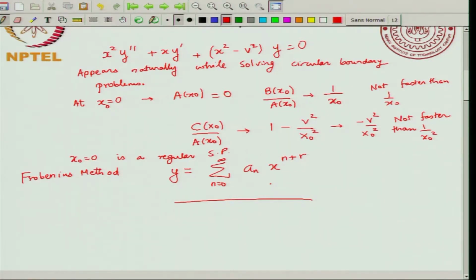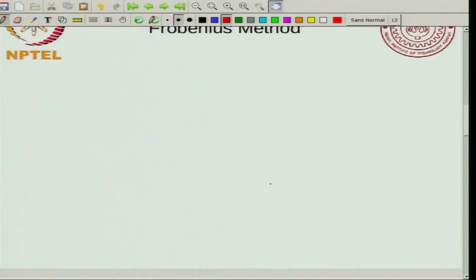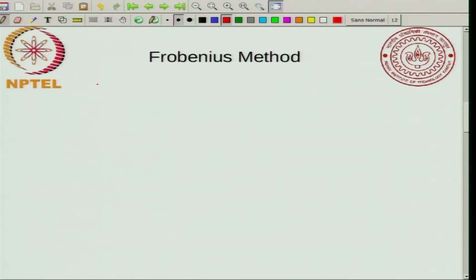Okay. So, let us look at the first derivative. So, y is equal to sum over n equal to 0 to infinity a n x raised to n plus r. Okay. Now, what about y prime? y prime is equal to sum over n equal to 0 to infinity a n into n plus r x raised to n plus r minus 1.